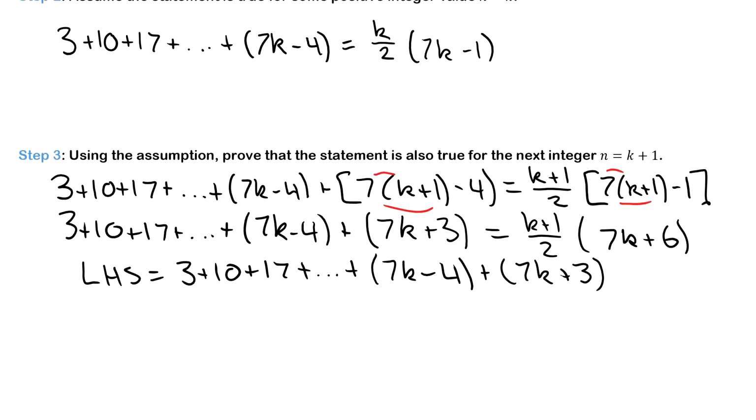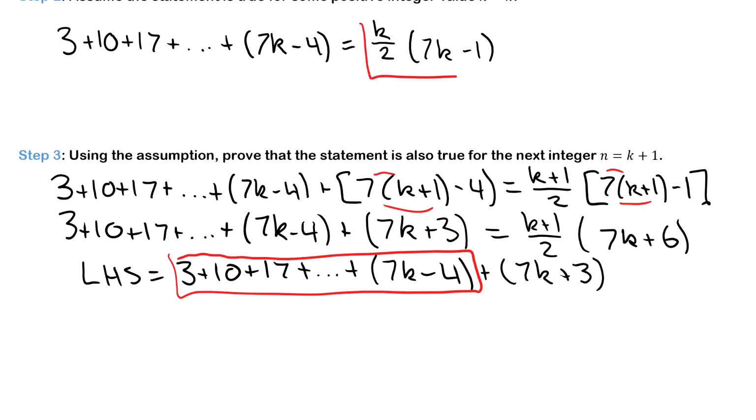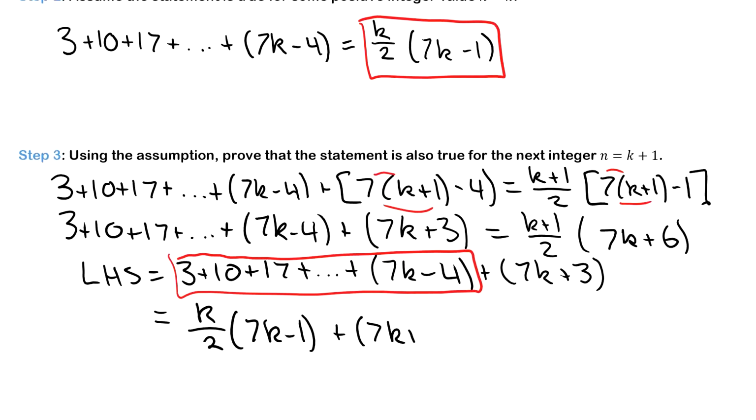And we know that this section here, based on our assumption, equals this up here. So what we can do is we can substitute that in. We know that that's going to change. So that goes to k over 2, 7k minus 1, plus 7k plus 3.